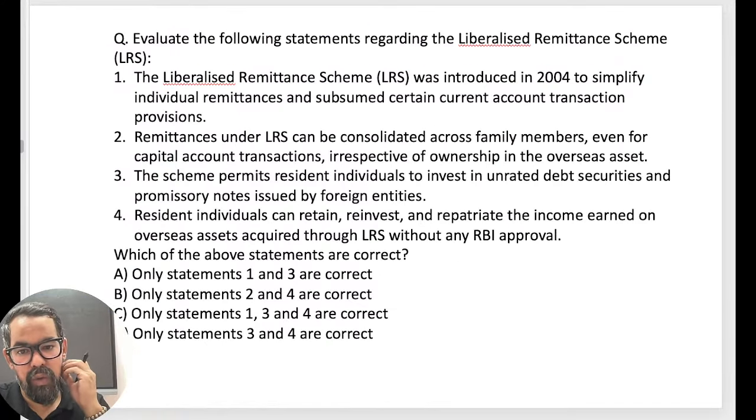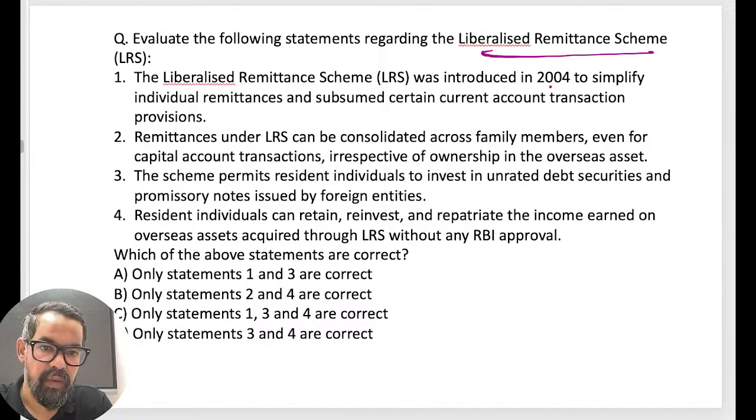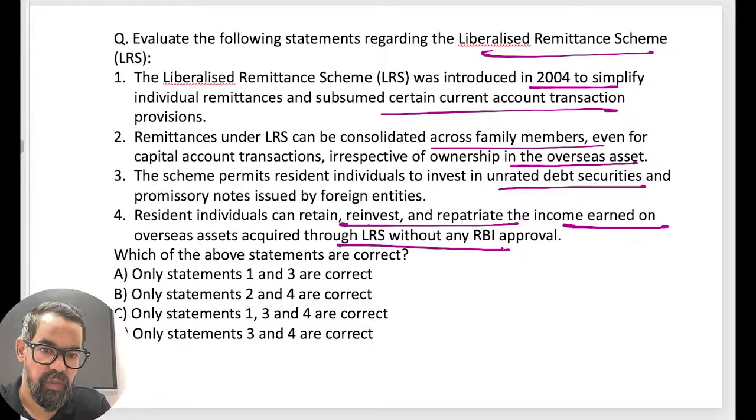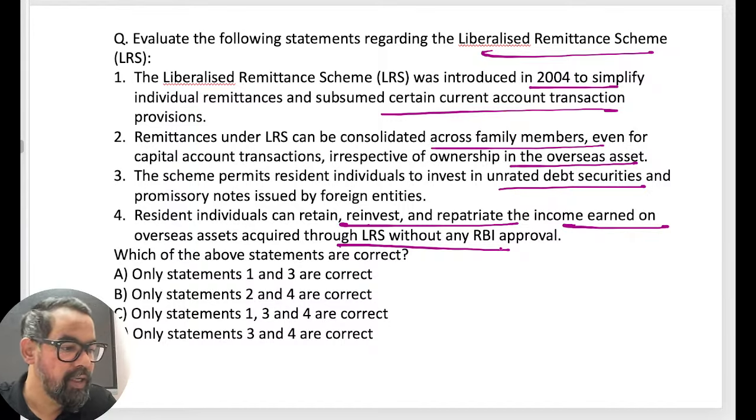One more question, because we got a wrong answer for this. LRS, the correct scheme. What will be your correct answer, guys?